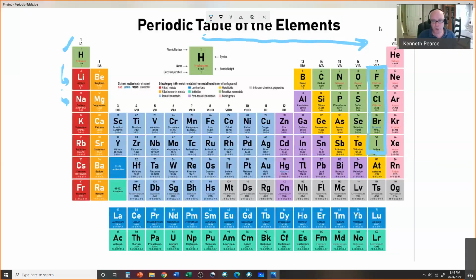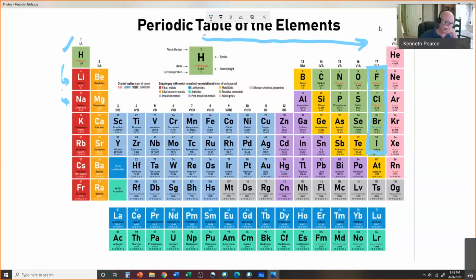They may have different physical properties, but chemically they behave very similarly. If you organize it so that every row repeats chemical properties from the previous one above it, you end up with this arrangement right here.